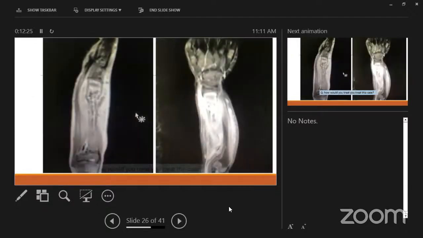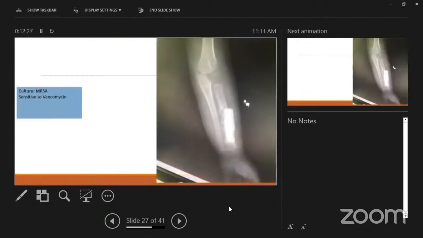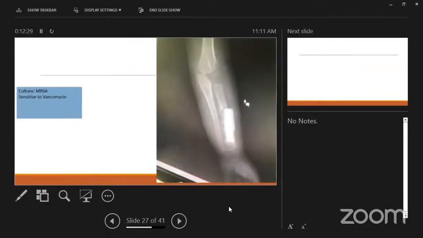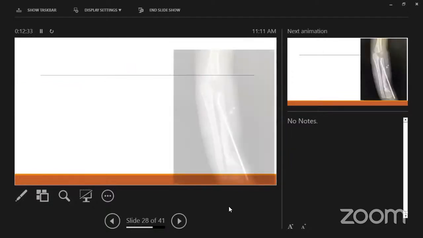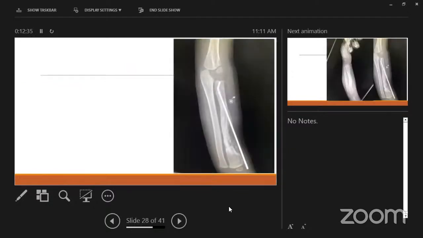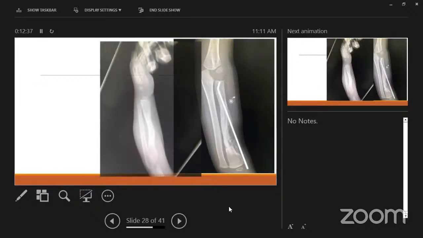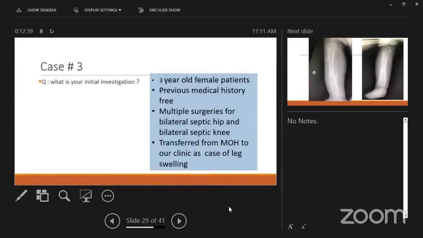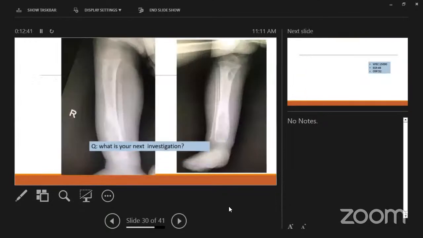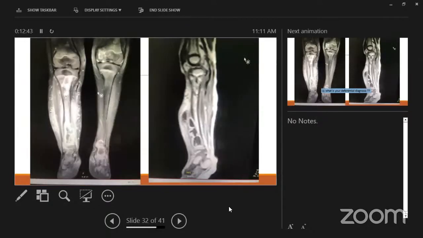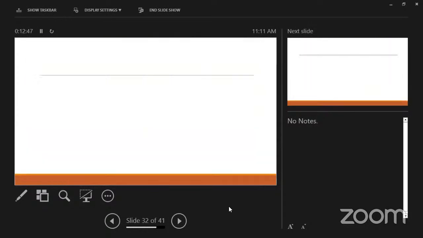MRI was done. We did here what is called the Masquelet technique. You have to be familiar with this technique. Same presentation in the tibia.